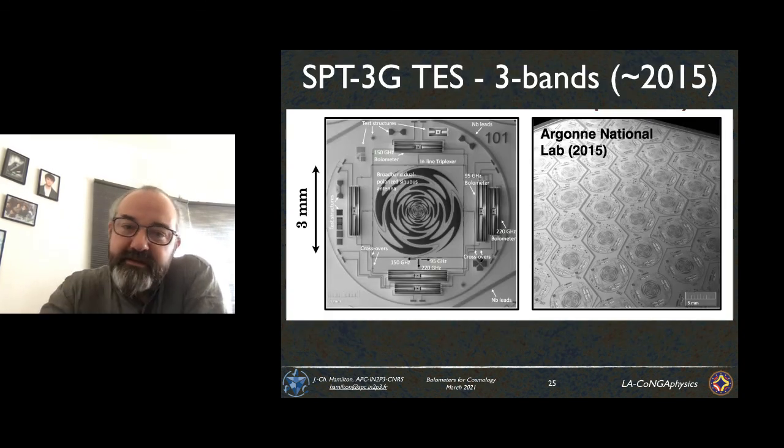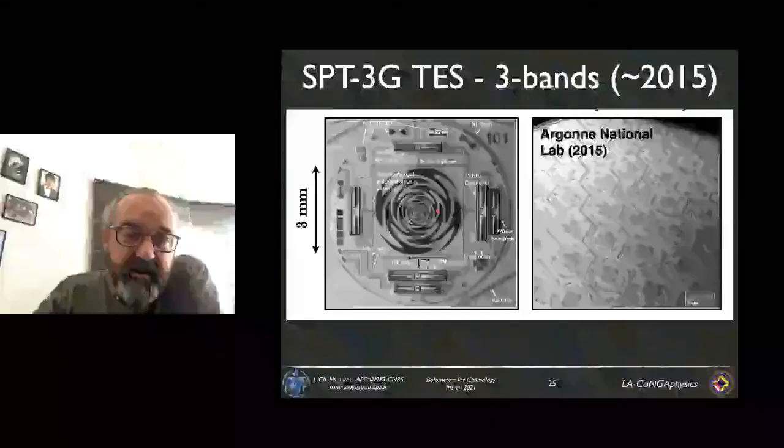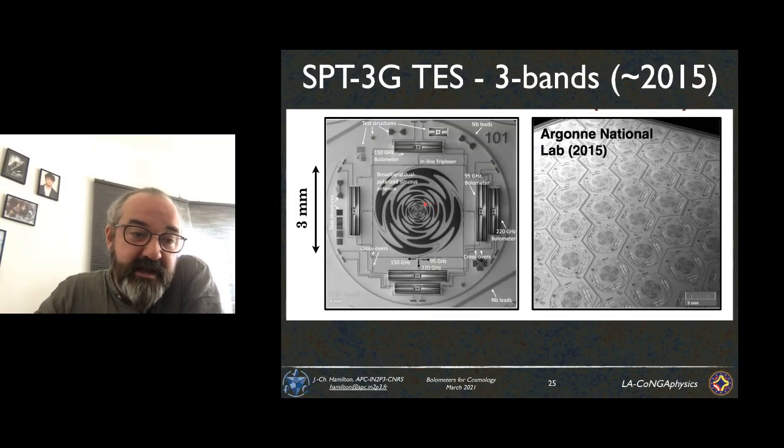Even more amazing is this kind of design where you have actually a trichroic bolometer, where you have this antenna here that selects a very broadband signal going from 90 gigahertz to 220 gigahertz.